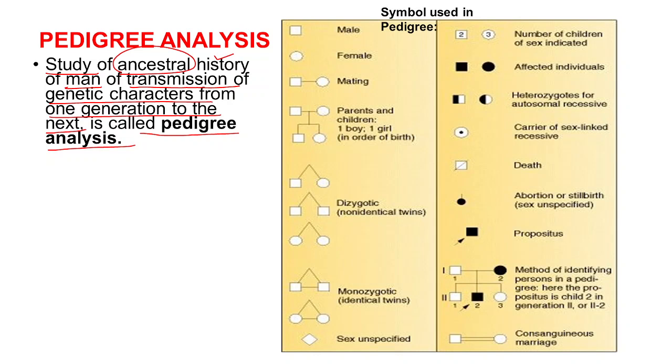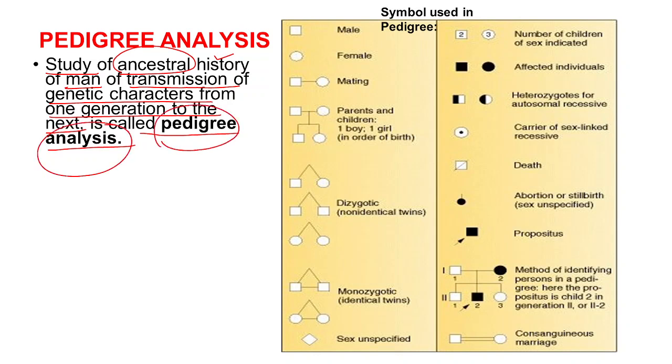To study that, we will plan a particular chart, or we will put a graph, and that particular graphical or schematic representation of transfer of a trait in a given family is called pedigree analysis.